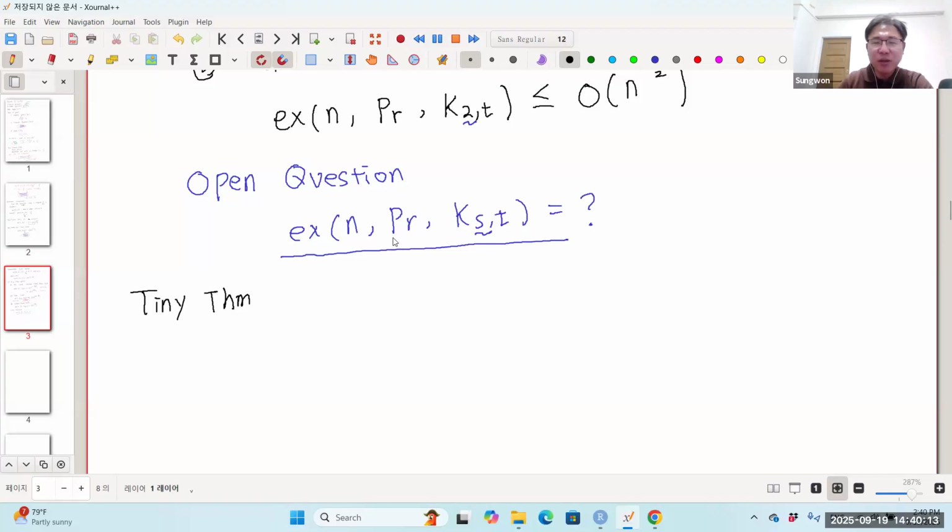And then I was able to find the general K_S,T case for P4. I should say it's on arXiv.